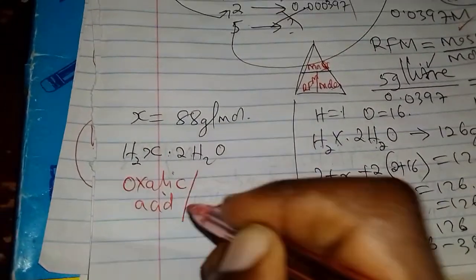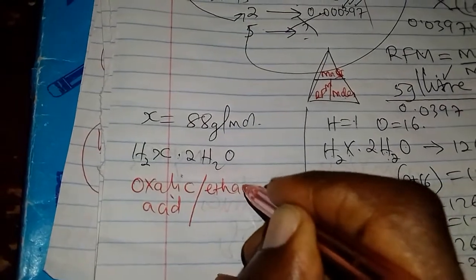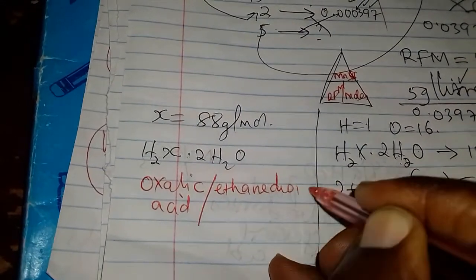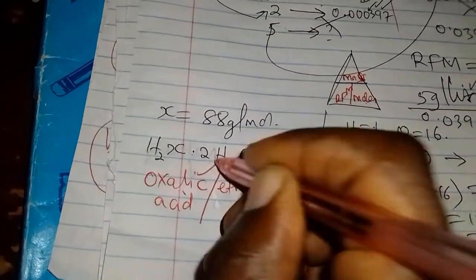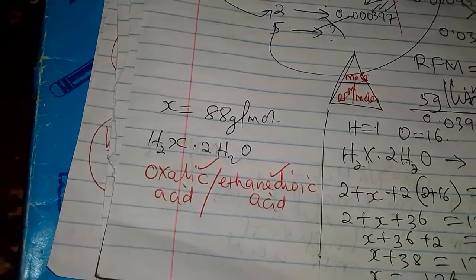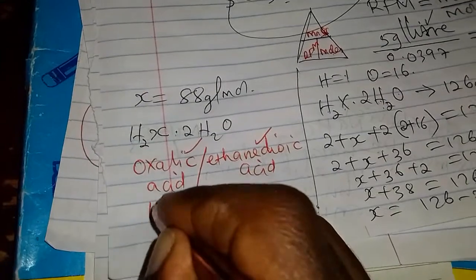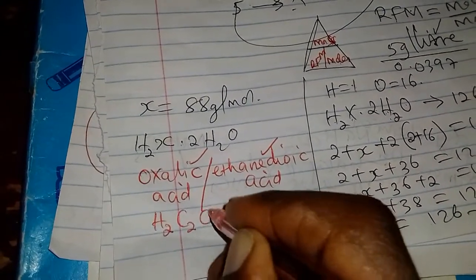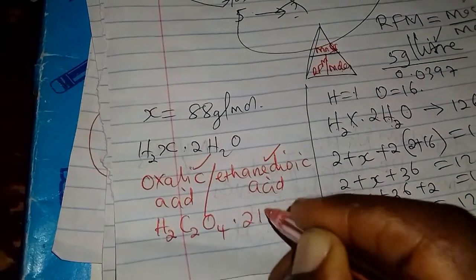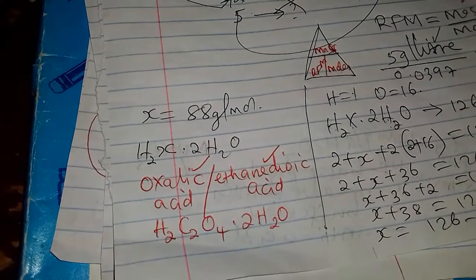Oxalic acid is also referred to as ethanedioic acid, whose chemical formula is H2C2O4.2H2O, with 2 molecules of water of crystallization.